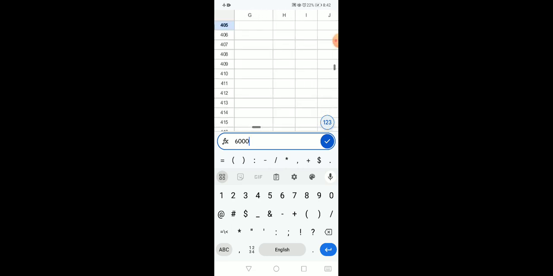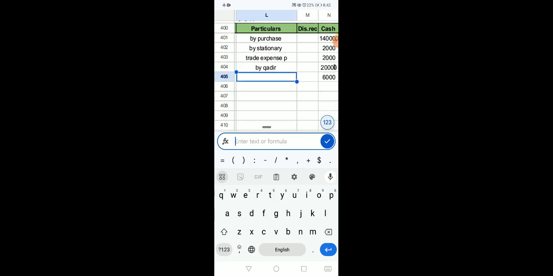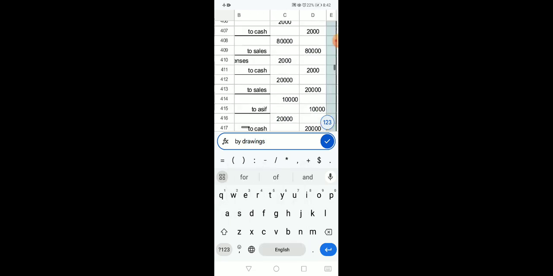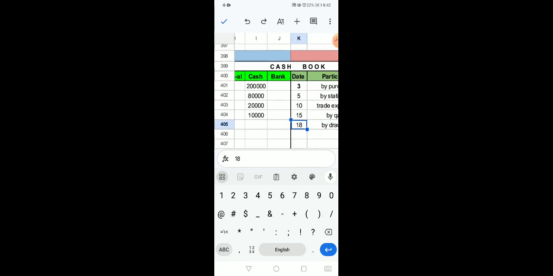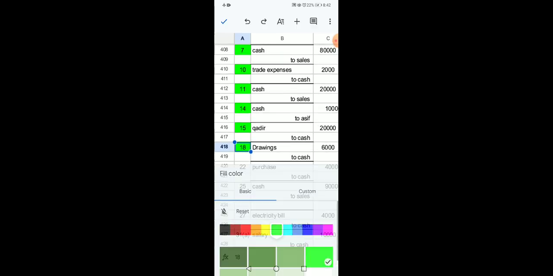That is drawings. So you will write by drawings in particulars column. Now see its date, which is 18. So you will mention 18 in date column. This way entry 18 was having only one element, that was cash, posted. It means entry number 18 is completed. Mark it as it has been done.